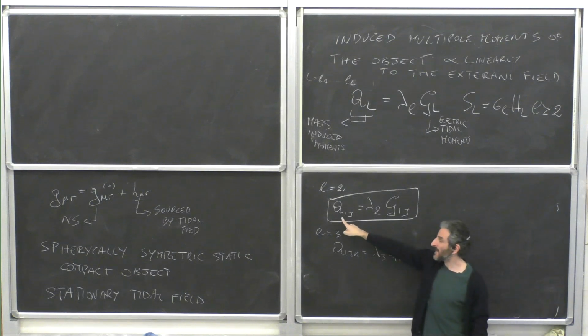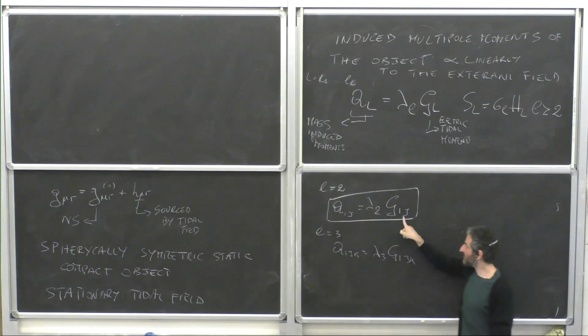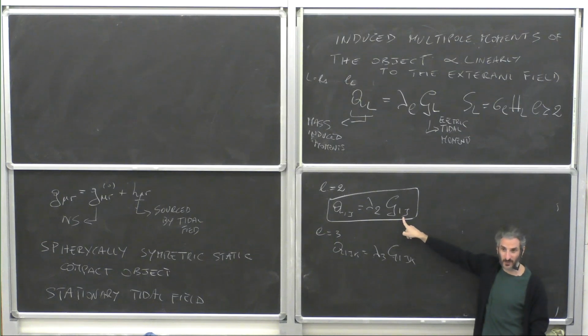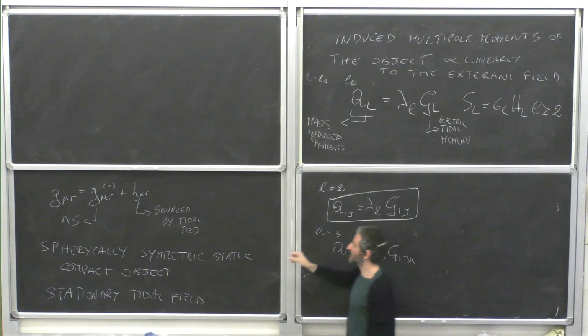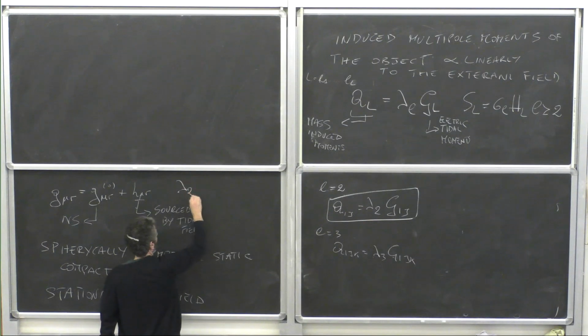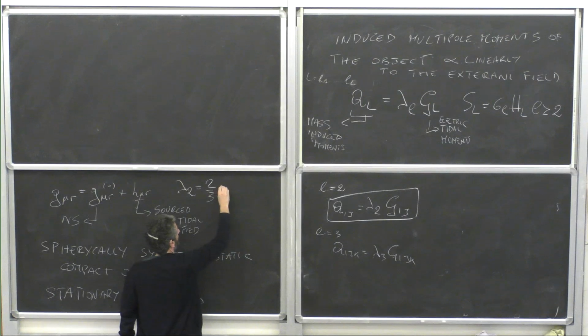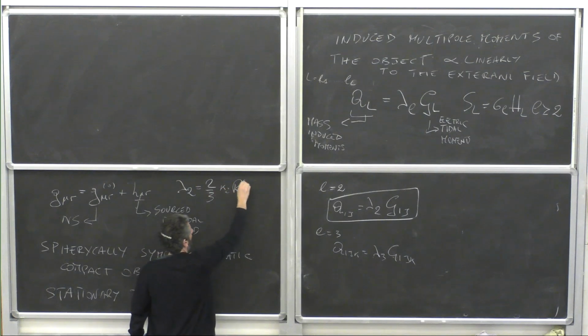So this is the mass quadrupole, which, sourced by the tidal field, induces a tidal deformability, which is proportional to the Love number. Lambda 2 is 2/3 k2 R^5.